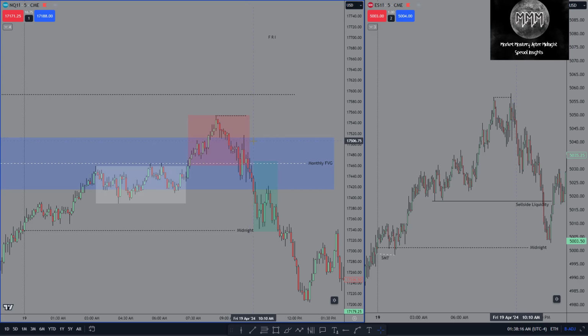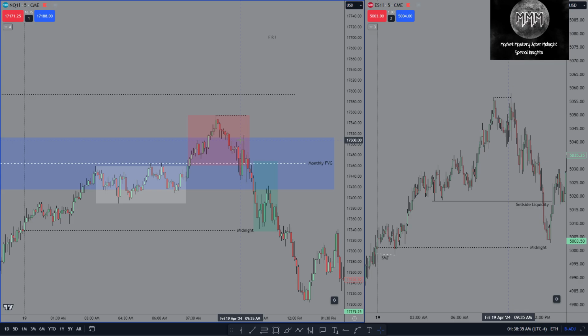Not only that, look at this first move down was below the monthly FVG, the 50% of it. So right there was our break below that I was talking about, and then they give the retest of the breaker. I've talked about this many times before, and if you don't have it in your notes now, you're crazy.